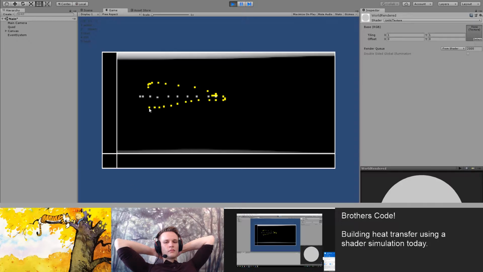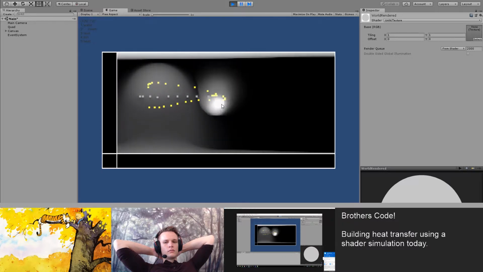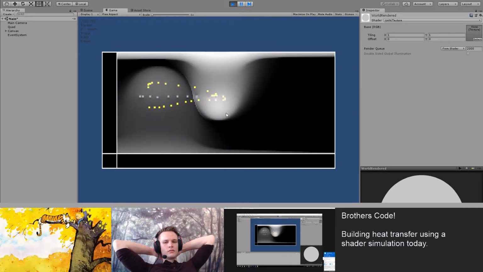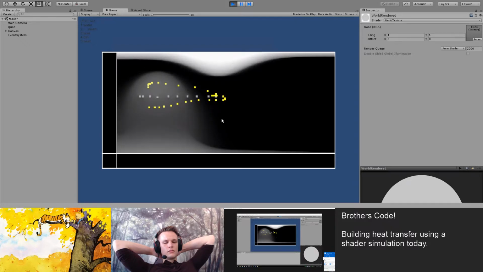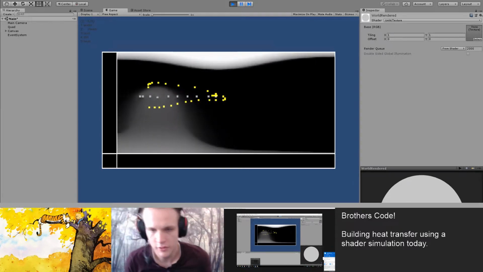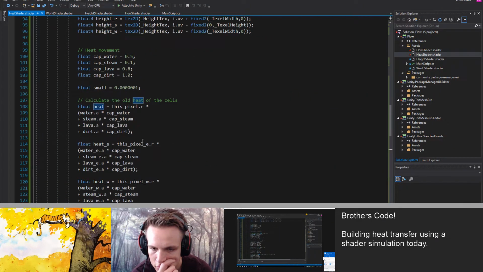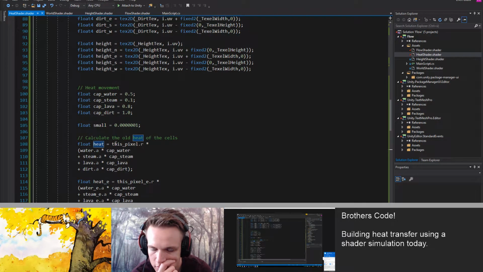Well, so then I should be able to get these to go away with enough flow, right? So stuff is flowing here. Oh, but we just set the flow values to zero. Oh, but heat isn't zero.